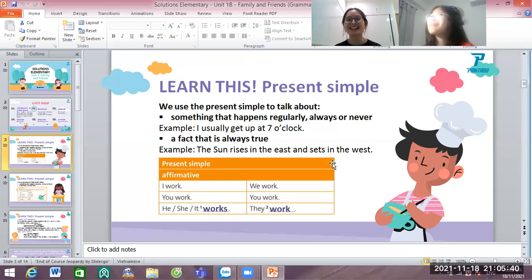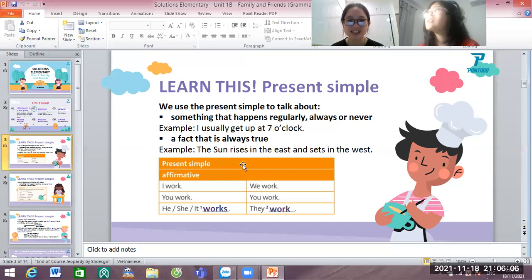That is always true, and it is a fact. I have one more example, which is we can only see the moon at night. We can only see the moon at night, right? Yes, very good.